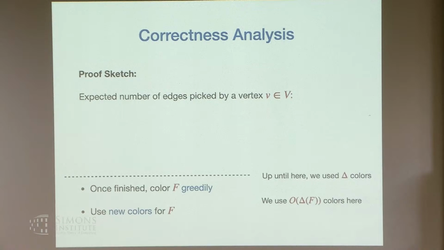What is the degree of a vertex inside this set F? If you're unmatched, you're picking an edge. But the probability that a vertex is unmatched when its degree is d is 1 over d. And its degree is going from delta to 1, so these probabilities are 1 over d. The sum of that is about ln of delta. So this statement is correct.